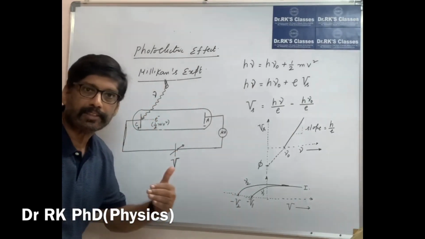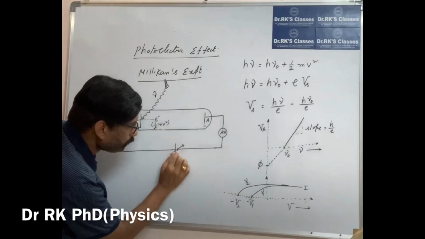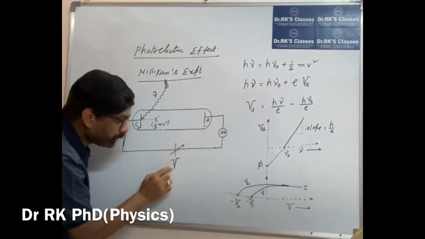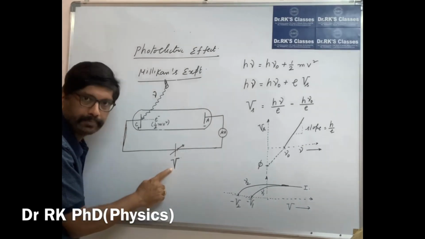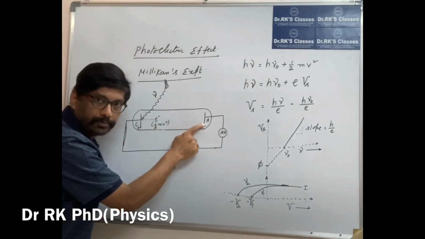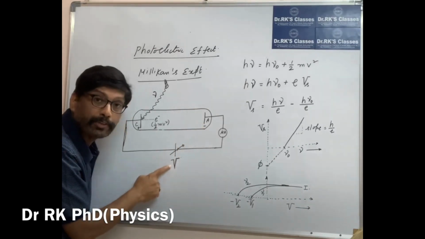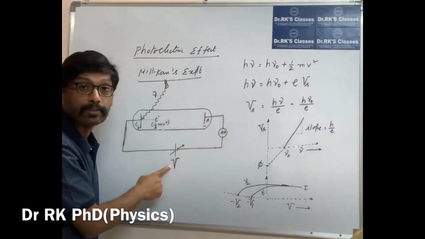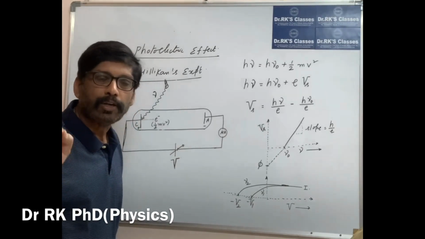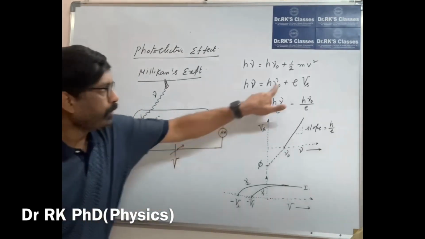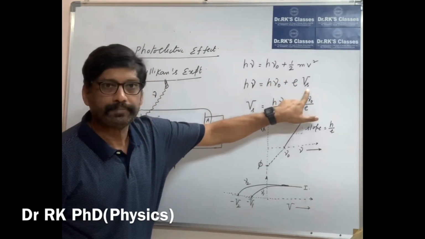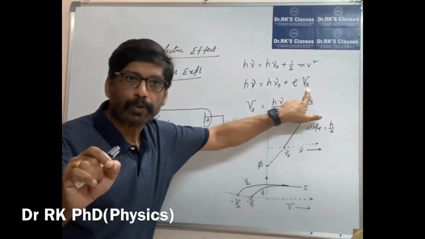If I go on increasing the potential, at a particular voltage V the electron is not able to reach the anode. That potential is called the stopping potential. The stopping potential is the measure of the kinetic energy of the photoelectron. So in place of half m v square, I can write e times Vs, where Vs is the stopping potential.